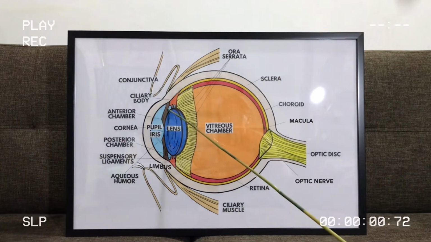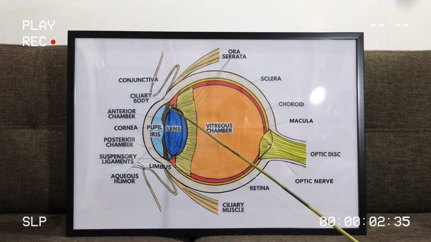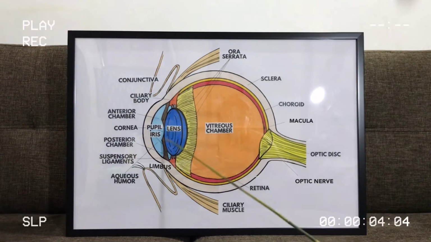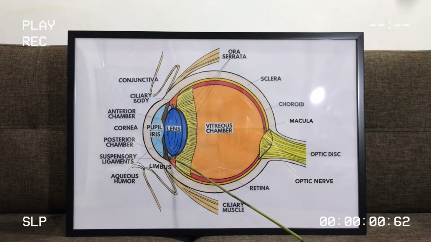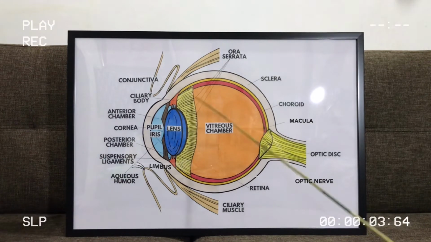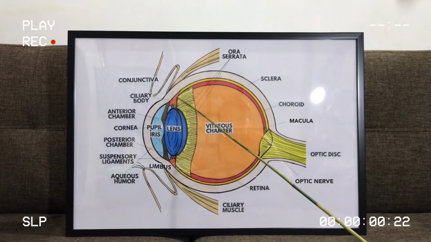Behind the iris is the posterior chamber, which is also filled with aqueous humor and is produced by a structure alongside the lens called the ciliary body.